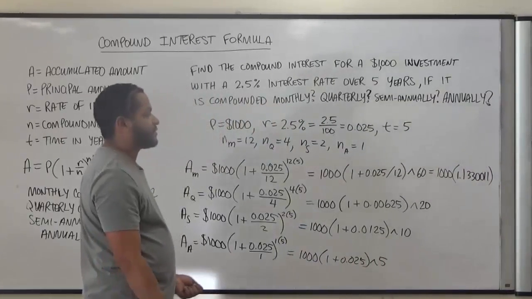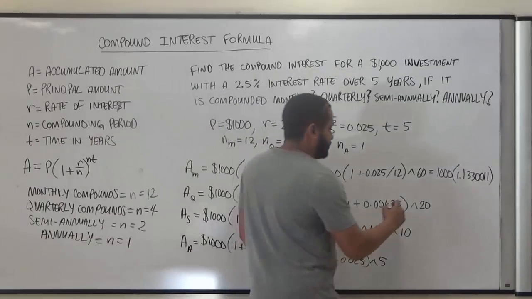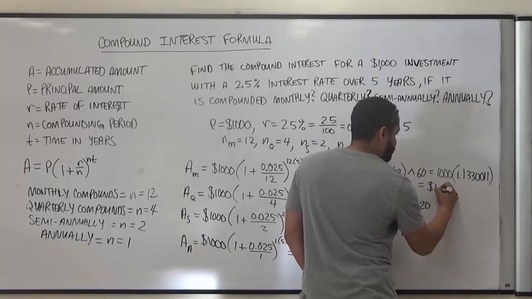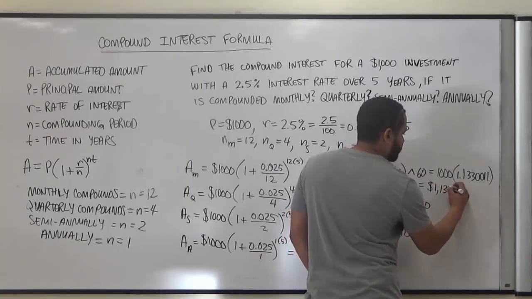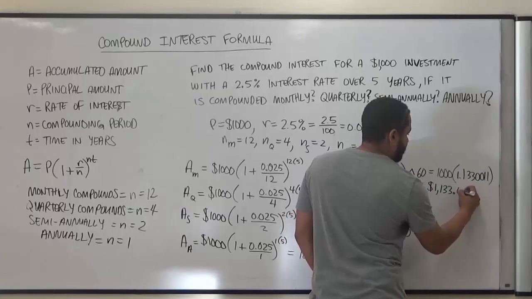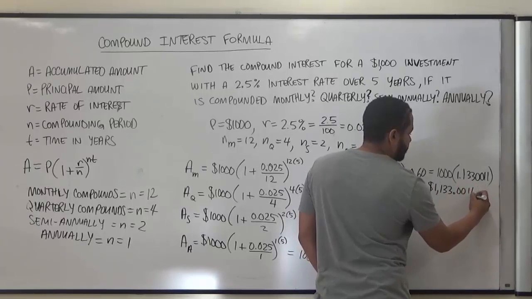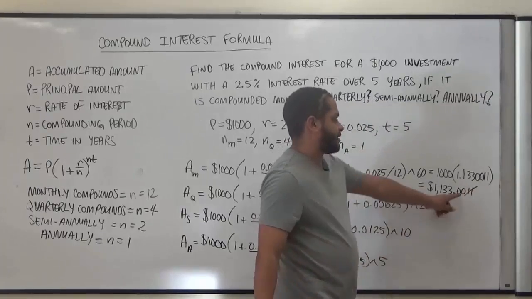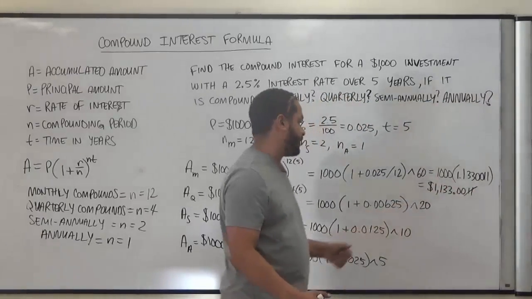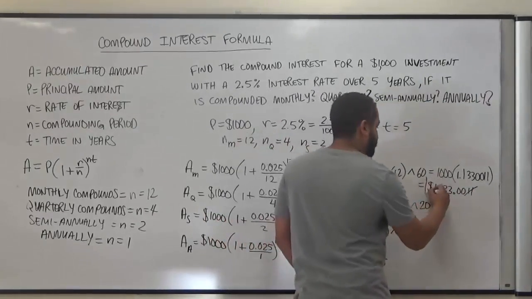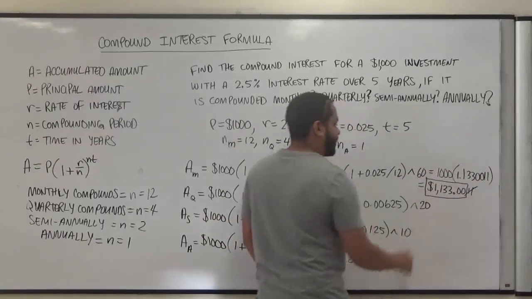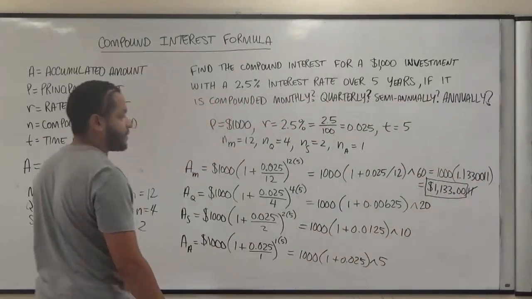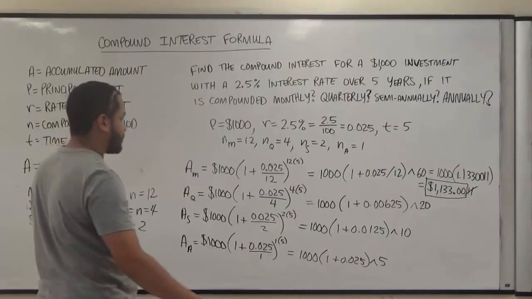Now multiplying these two together, we're going to have 1,133.00, and the 1 just falls off because we can't round the 0 to any number. This has to be 5 or greater to get a value. So our first investment with monthly compounds gives us $1,133, which is a pretty good investment.